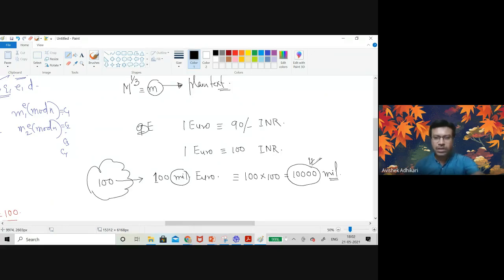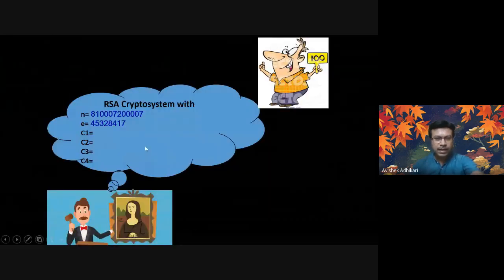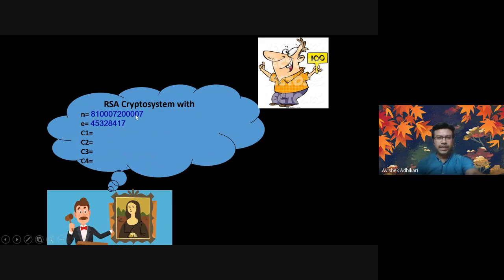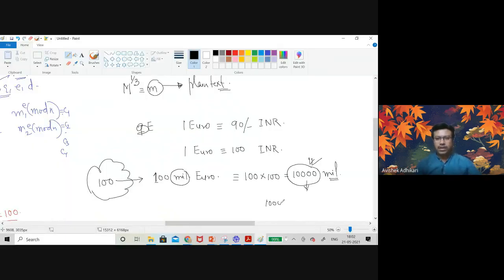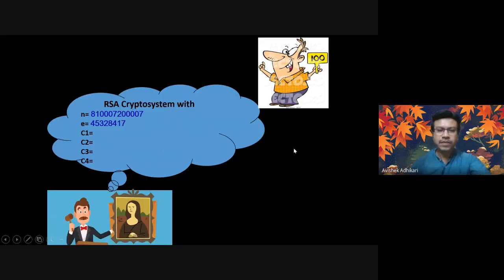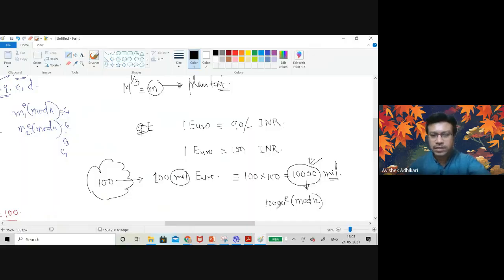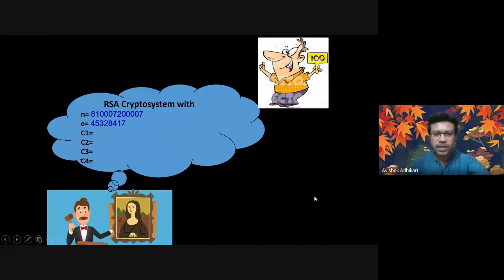Then he is going to use the RSA public key, N and E, and compute 10,000 to the power E modulo N. Can anybody tell me what this value is? What is 10,000 to the power E modulo N? Can anybody tell me quickly?